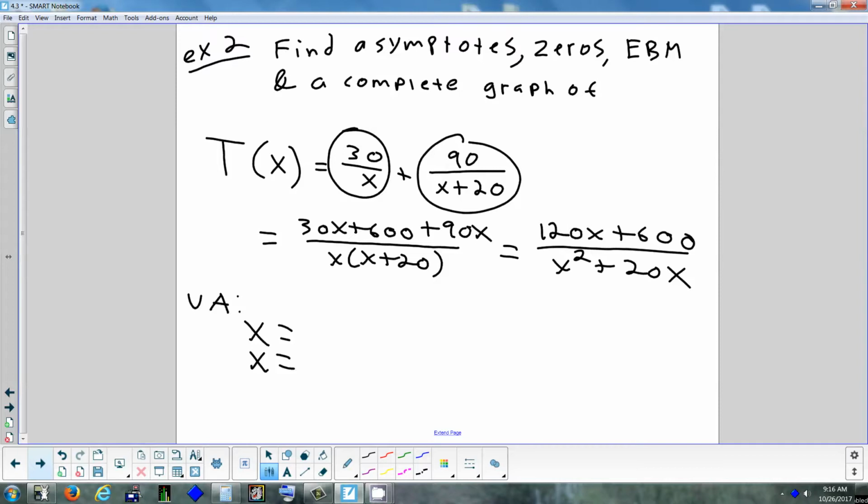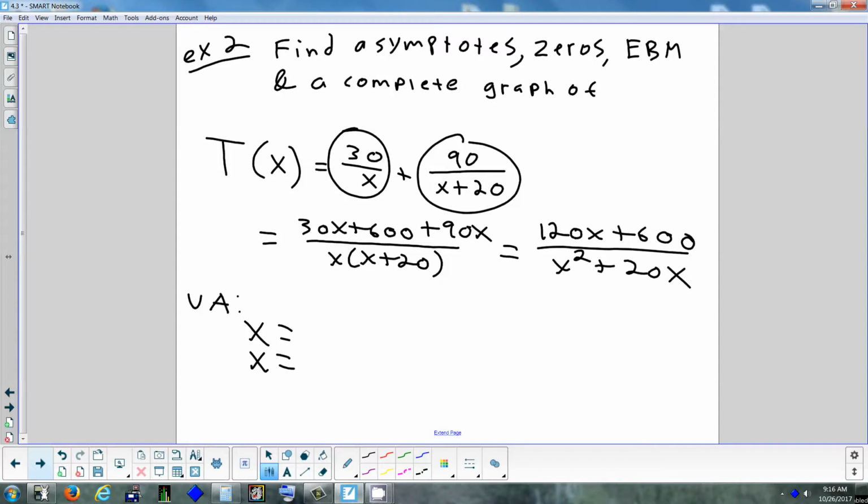Because if you think about it, if you plug in 10, 10 plus 20 would be 30, and then 30 times 10 would be 300. Help her out. What do we think the two numbers would be that would make that 0?